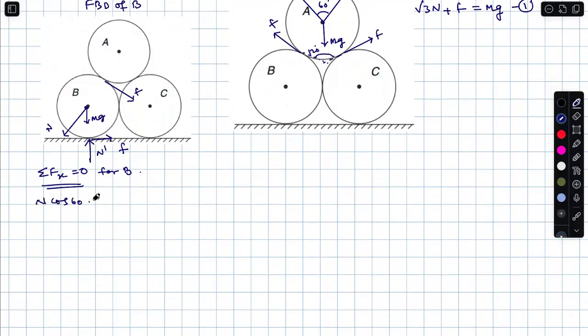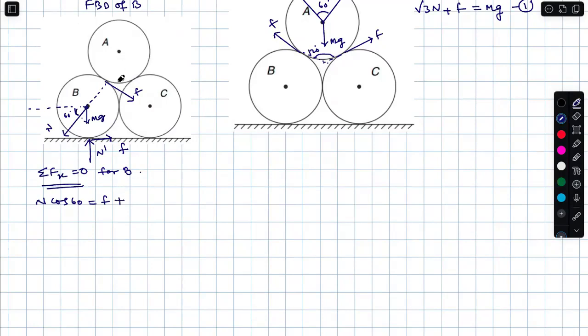N cos 60 is equal to F. This is 30 degrees and therefore this will be 60 degrees. N cos 60 is equal to F. One more F is there. Yeah, this F I have drawn.